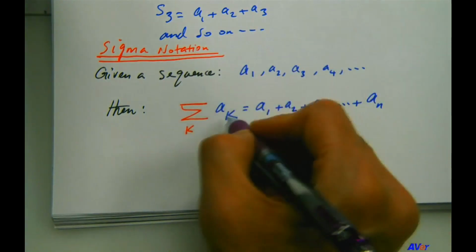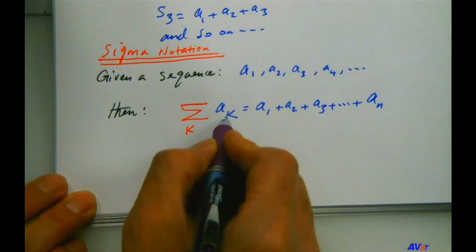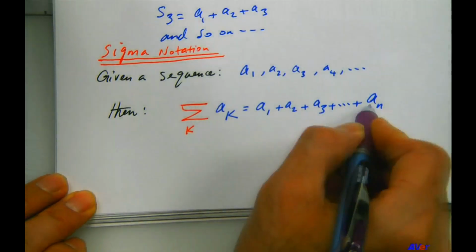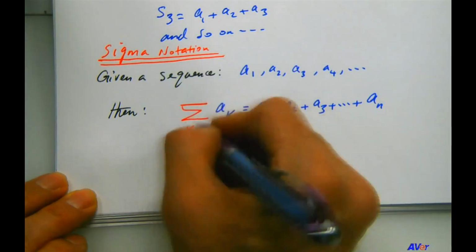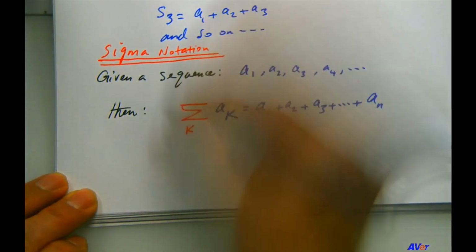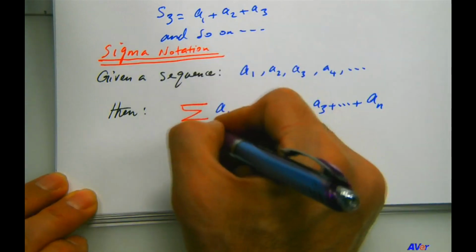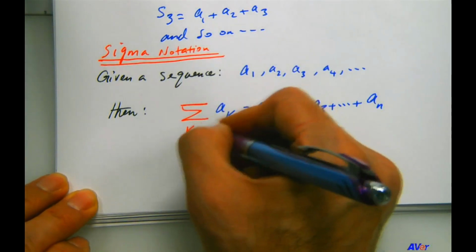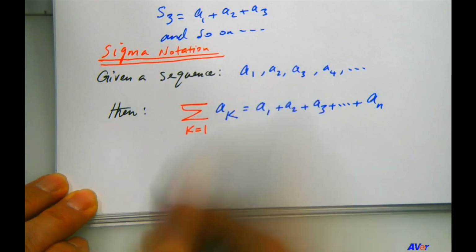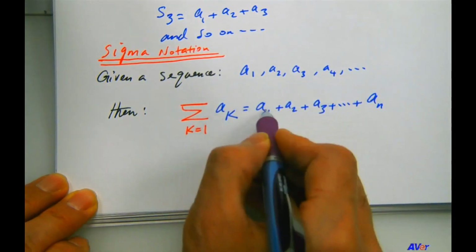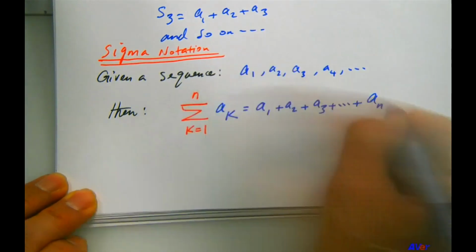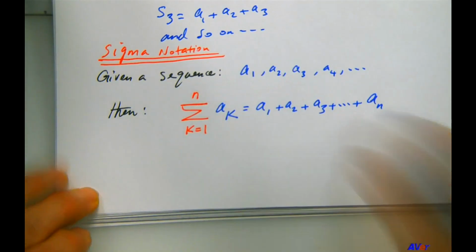But the significance of it is that K represents the subscripts you see in the actual sequence, and you can increment it to go from anywhere to anywhere. So we can increment this to go from the first term, which would be A1, all the way to the nth term. So n could be anything.